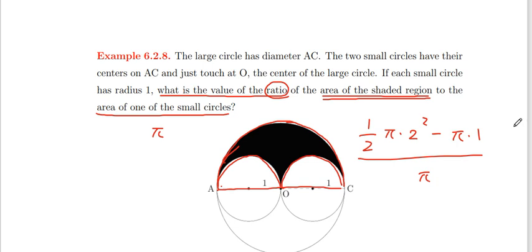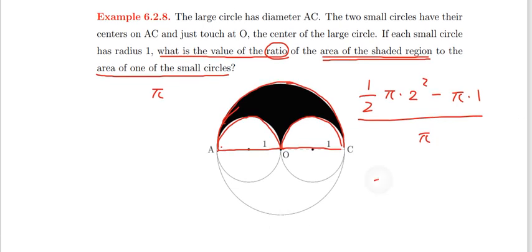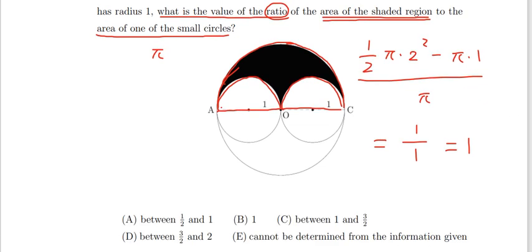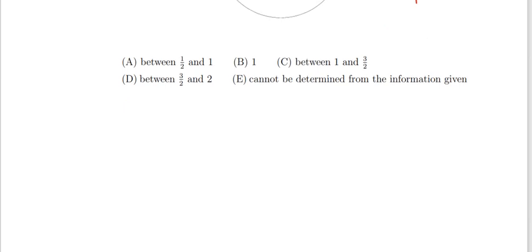Cancel the pi: 2 minus 1 equals 1. So let's check. We have the answer, 1.